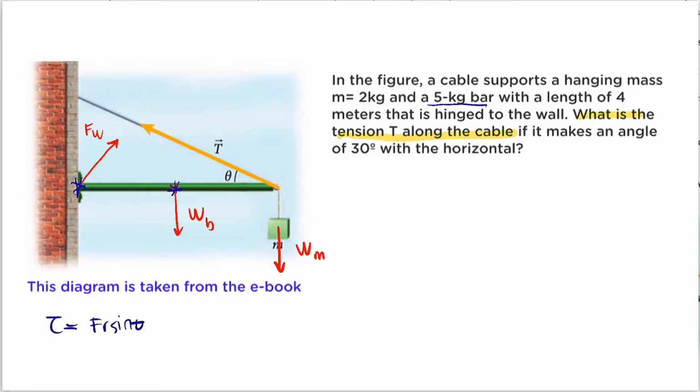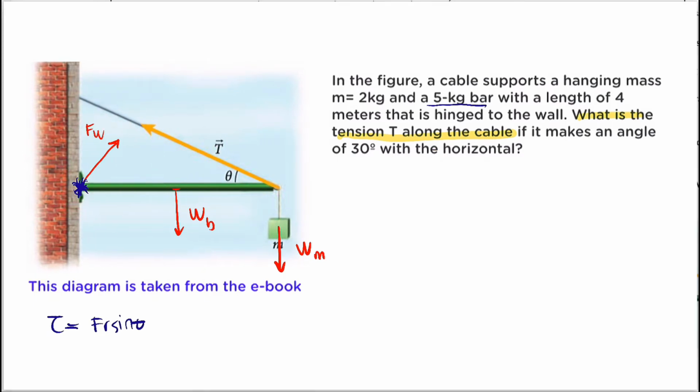On that note, we could actually assign this as our pivot point, because the problem does not give us any information about the force that is being exerted by the wall. So if we set this as our pivot point, we no longer have to worry about the magnitude of this force.